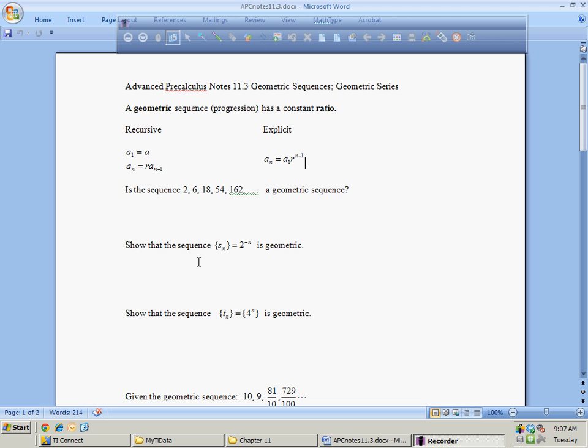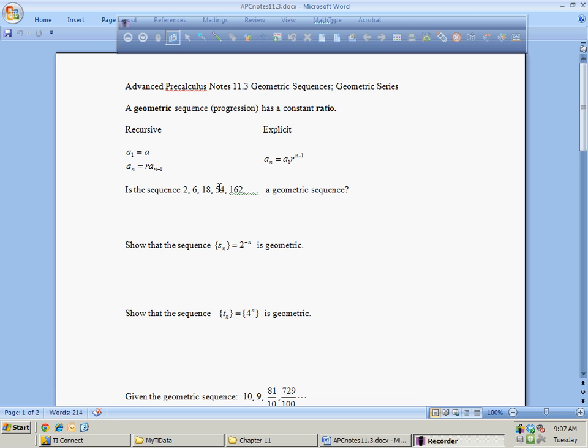So the geometric sequence, in comparison to an arithmetic sequence, is one in which, if you were doing it recursively, you multiply the previous number to find the next number. Whereas with an arithmetic sequence, you add to get the next number, okay?